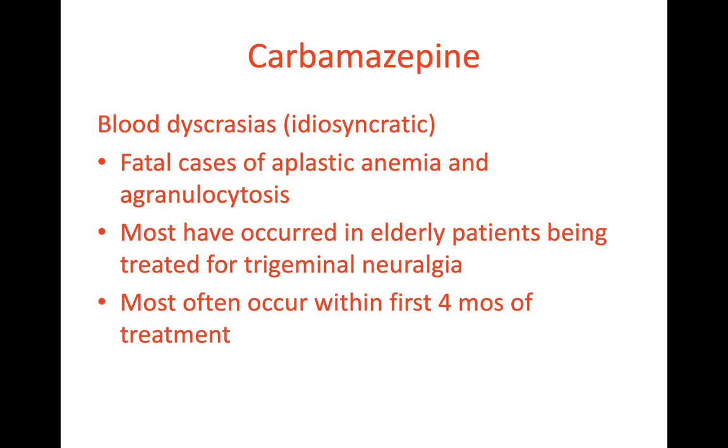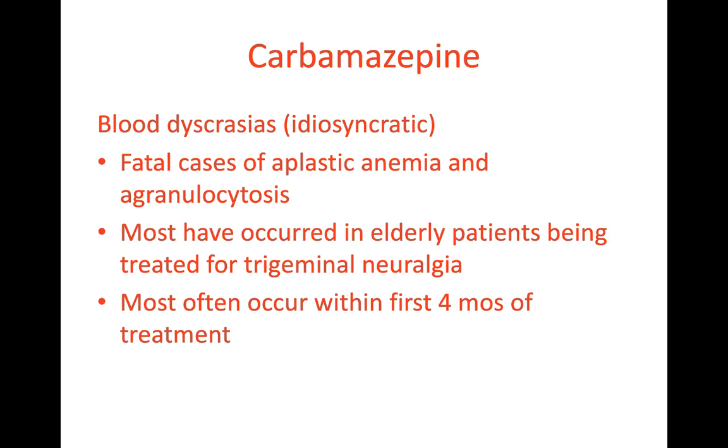But they consider it a low overall risk in the untreated population. This can be transient or persistent. But basically we need to watch specifically for any changes in platelets and white blood cells. Those need to be monitored.